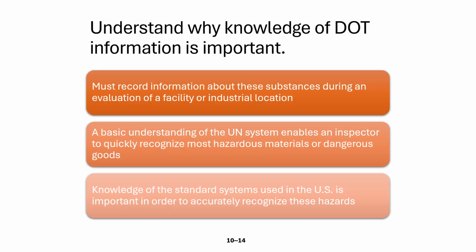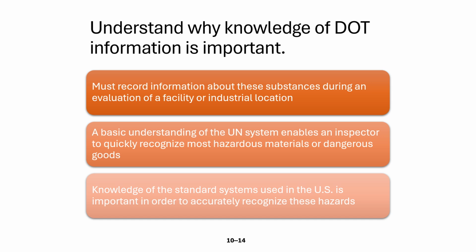So the inspector needs to record information about these substances during an evaluation of the facility or industrial location. A basic understanding of the UN system enables the inspector to quickly recognize most hazardous materials or dangerous products or goods.